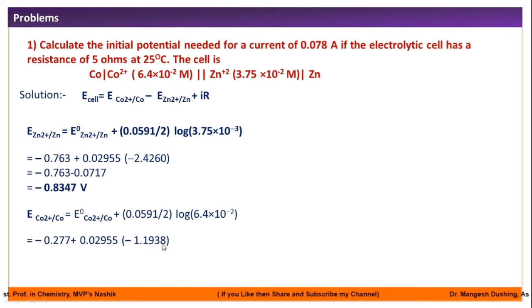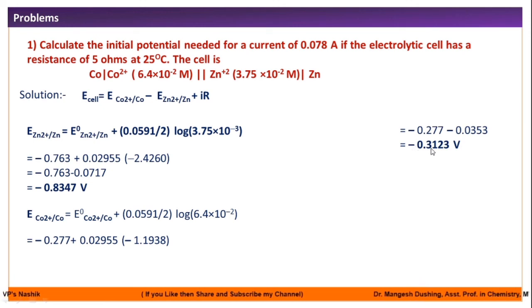After calculation, that becomes around minus 0.3123 volt. So the electrode potential for the cobalt, the cathode, is minus 0.3123 volt, and the electrode potential for the zinc is minus 0.8347.